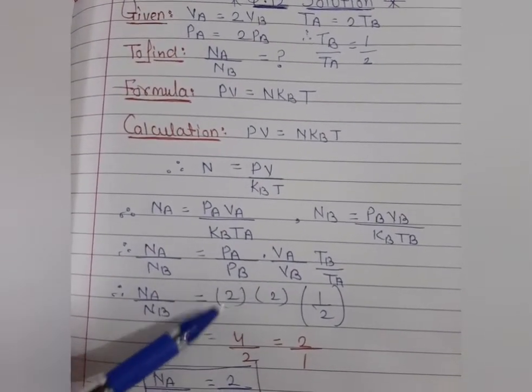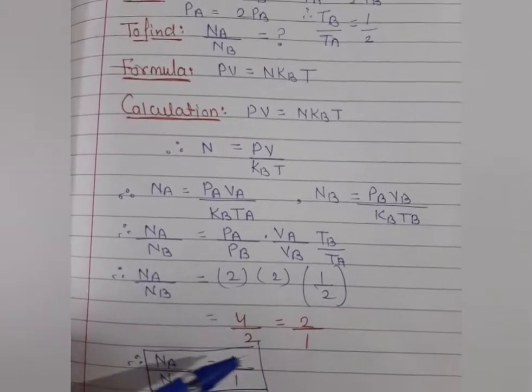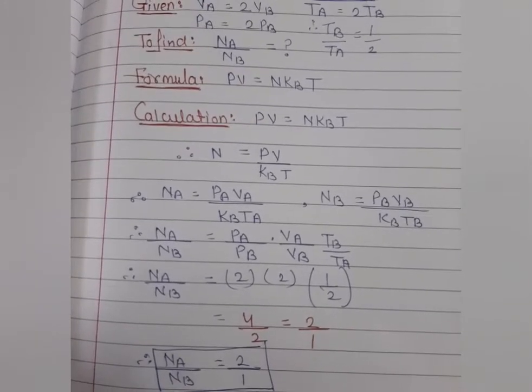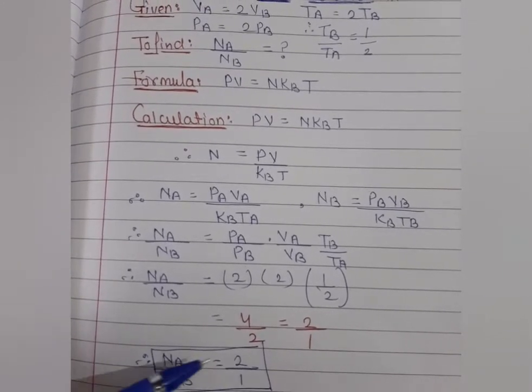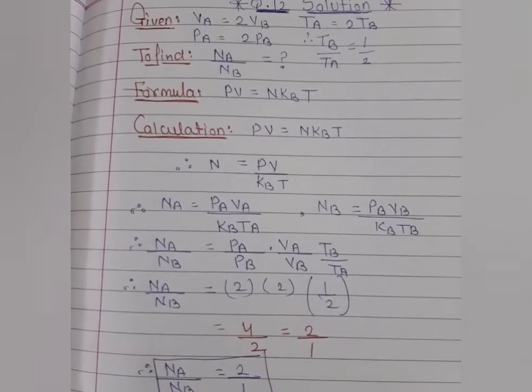So 2 2s are 4 by 2, that is 2 1s are 2, 2 2s are 4. So here we are getting the ratio Na upon Nb, the number of molecules of vessel A and vessel B, as 2 by 1. So here we have the solution of question number 12.